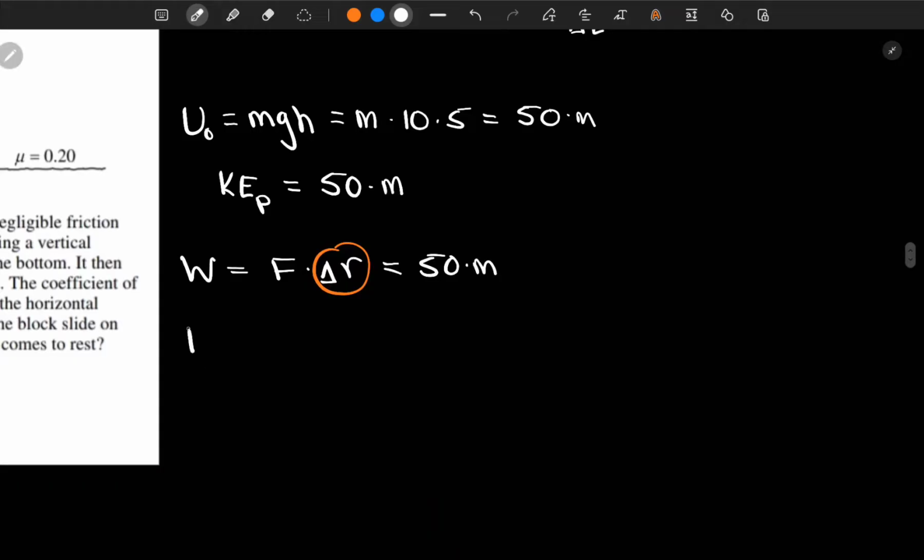Here, F is equal to the frictional force, which we know is the coefficient of friction times the normal force. So, as the normal force is just mg, the force due to gravity, we have that the frictional force is equal to mu, the coefficient of friction, times mg.